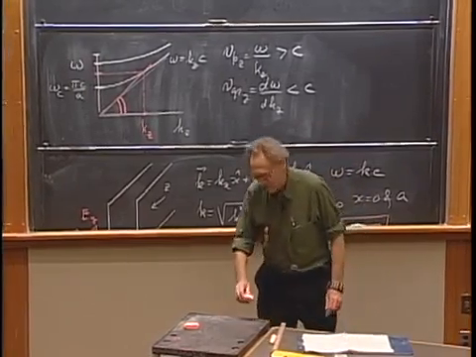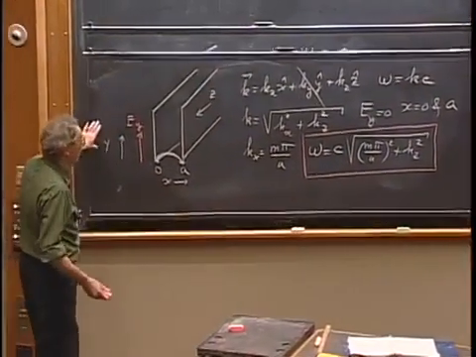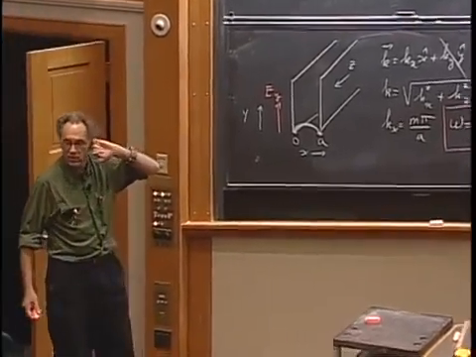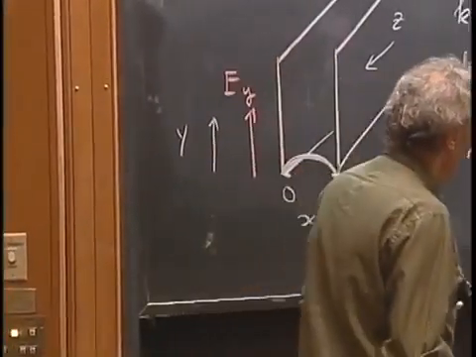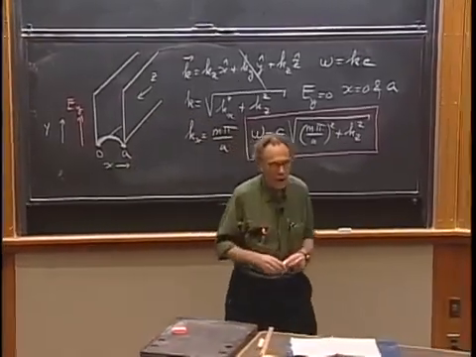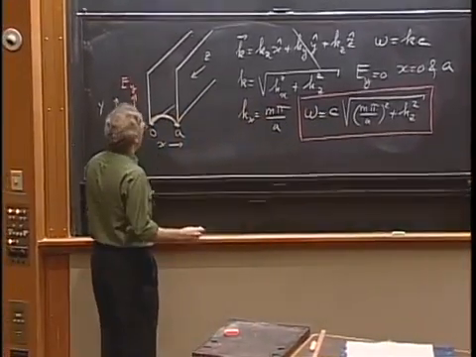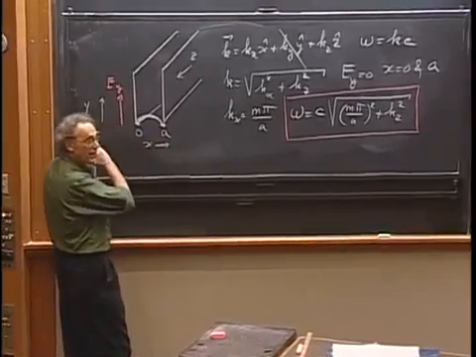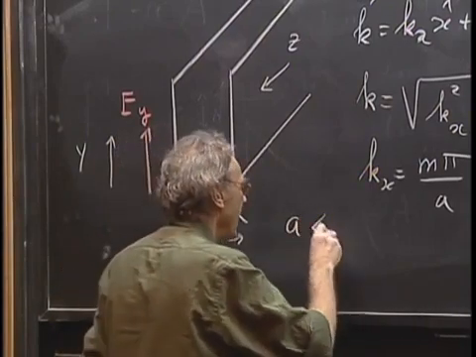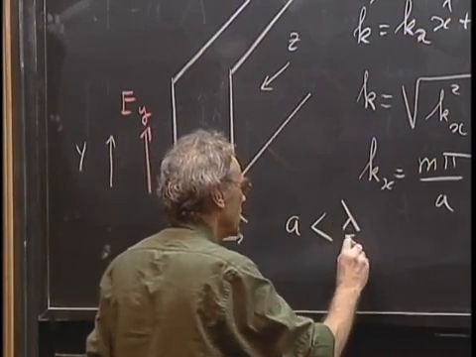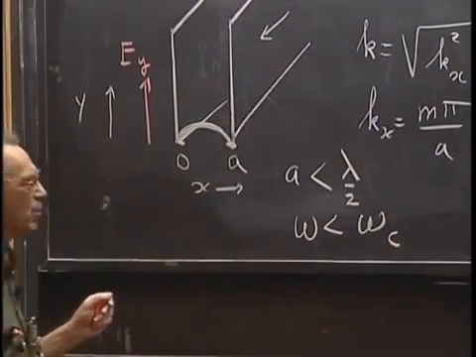Now, the most interesting thing for me, and I stressed that when we discussed this, and I even demonstrated it, we did this with radar, remember, with the 10 gigahertz transmitter, the 3 centimeter waves. The most interesting thing is that if you reach omega equals omega c, and you can do that by making a smaller and smaller, when a became less than lambda over 2, that means omega became less than omega c, then no radiation will propagate through anymore.